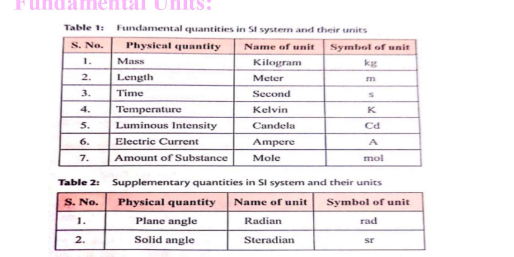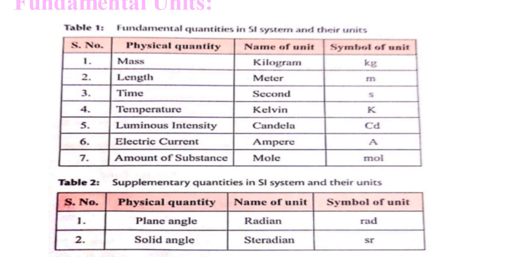Why do we call these 7 fundamental quantities? These 7 quantities are internationally standard and their units are fixed. We call their physical quantities and the units of their physical quantities with these names and use this notation.